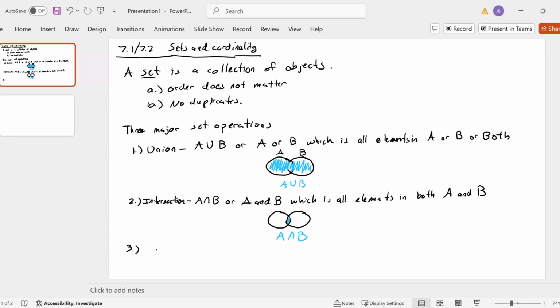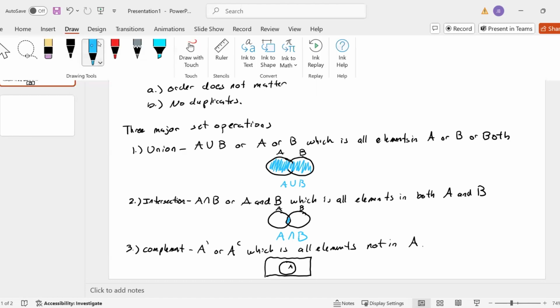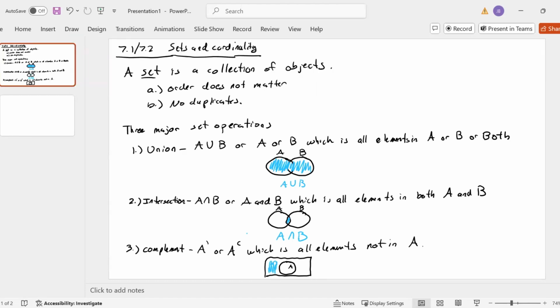And then the last one was the complement. So the third one, the complement: A prime or A^C, which is all elements not in A. So if you draw a little box that represents everything, and then you draw a circle, and this is A, then everything outside of the circle is the complement.